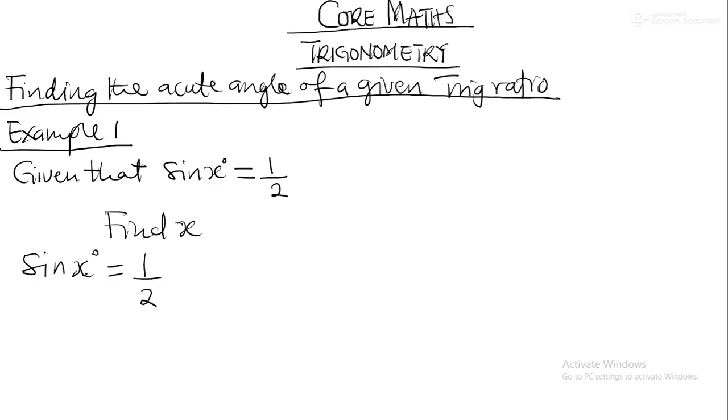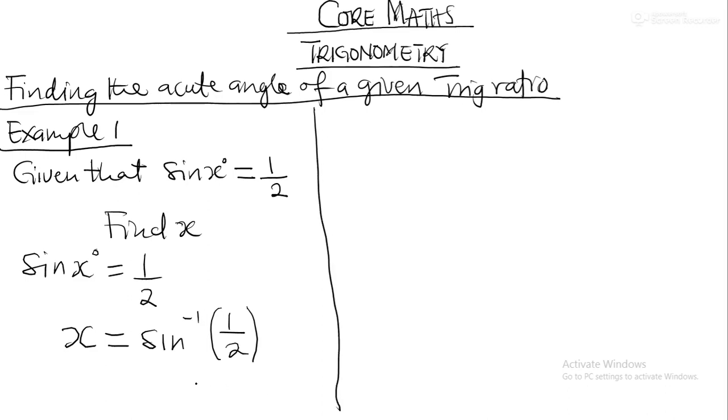So to find x, which is the angle in question, we know that x will be equal to the sine inverse of half. So at this point, you will need the calculator to give you the value of x.